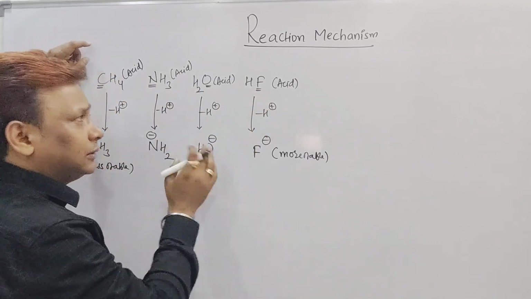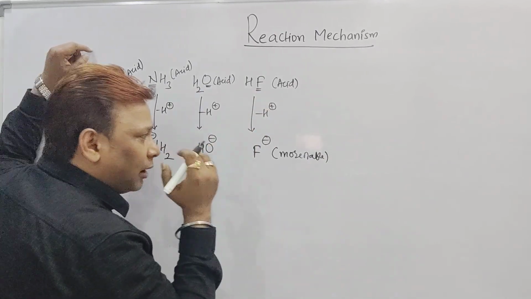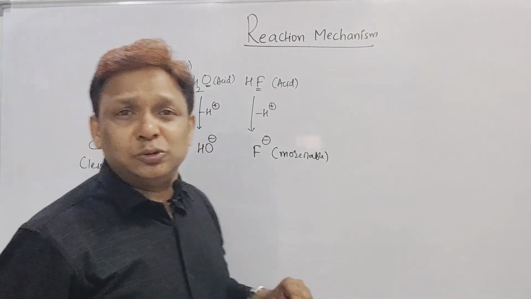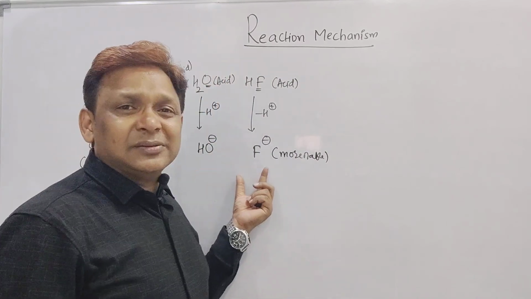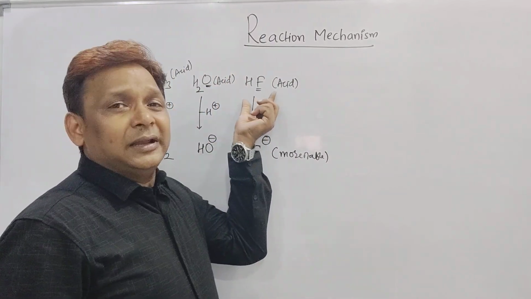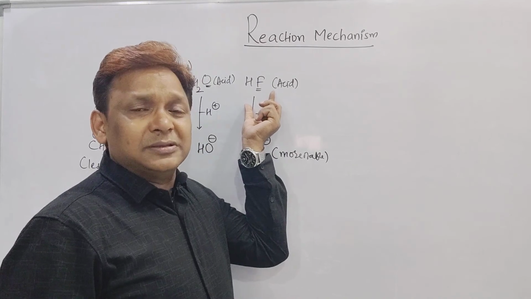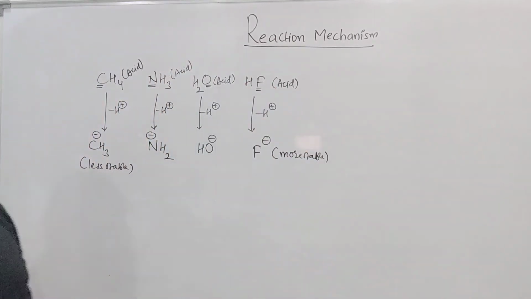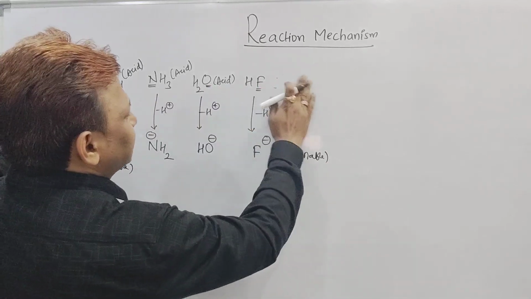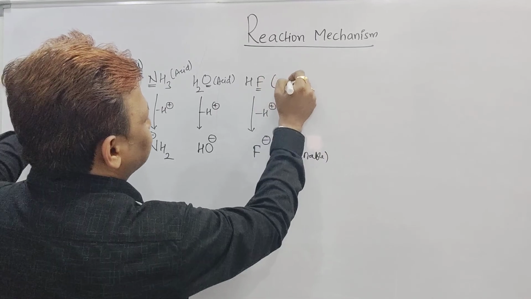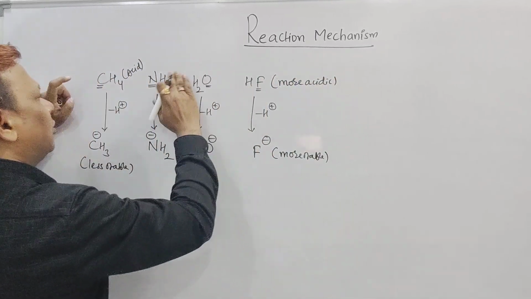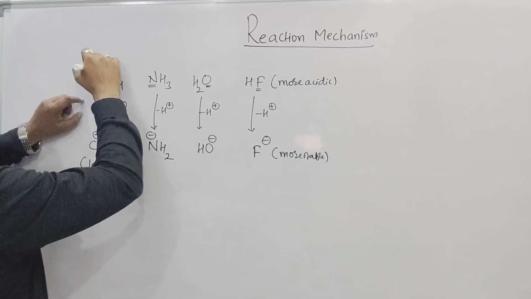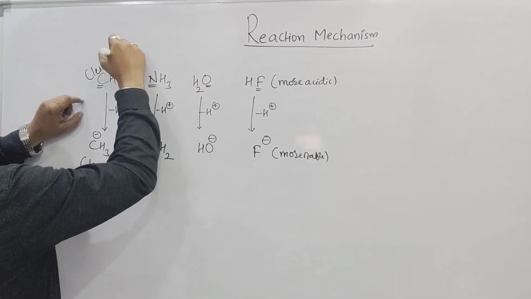But among these acids, if the conjugate base is more stable, then the acid of that conjugate base will be considered more acidic in nature. Is it clear, beta? So now I will say among all these, HF will be considered the most acidic in nature. That means, beta, CH4 will be considered the least acidic in nature.